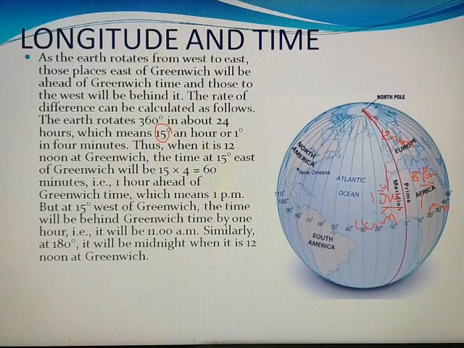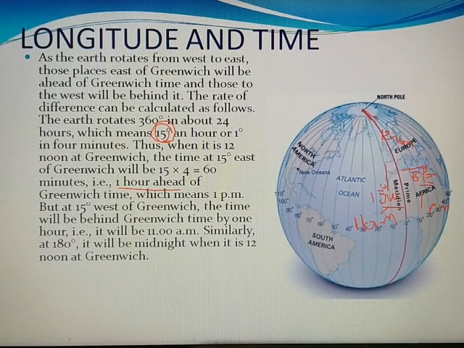Okay, 11 a.m. Why is there such a difference? According to the calculation, for every 15 degrees there will be a 1 hour time difference. The eastern side of Greenwich is going to be ahead of the standard time at Greenwich.